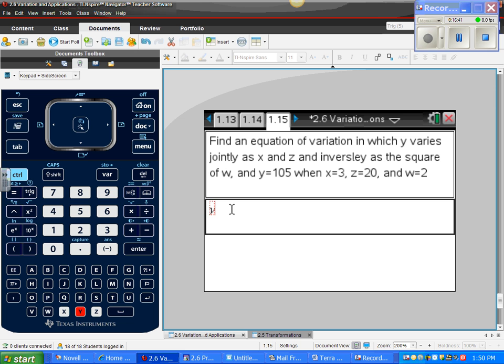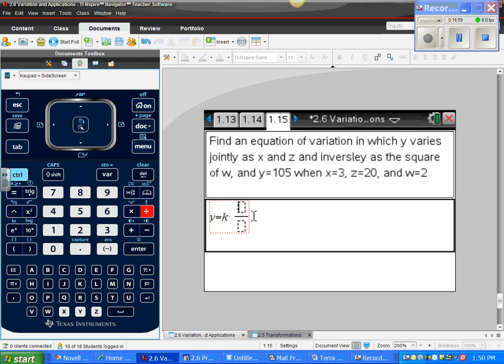We're going to have y equals k times, now this is where it gets tricky. It varies jointly, which is why we have the y equals k times. But now it varies inversely with the square of w. Jointly means we have to have that x and z, and then inversely means we have to have that divided by the square.